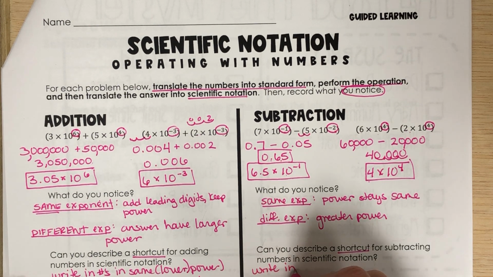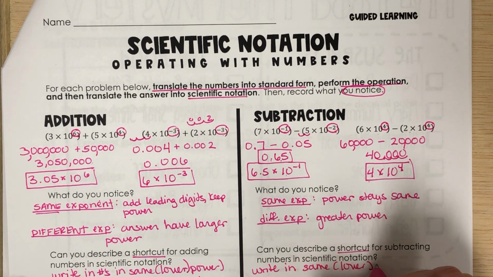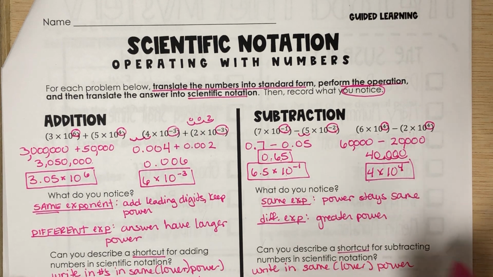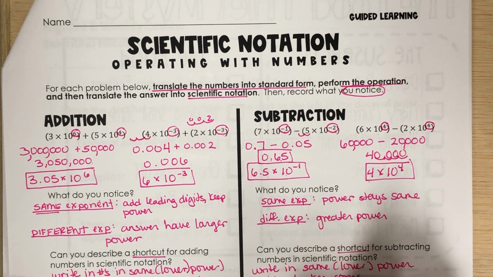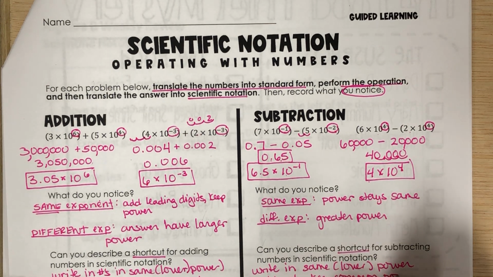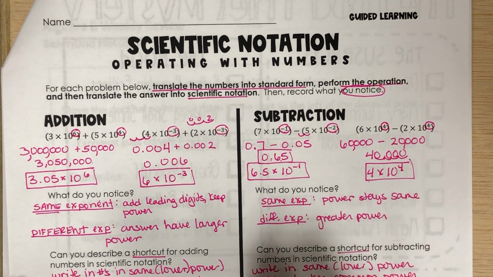Write our numbers in the same power, and I'm going to say the lower power, and then we can just subtract them. Subtract our leading digits and then keep the common power. And then we might have to adjust if necessary.